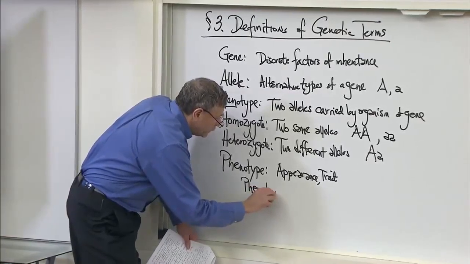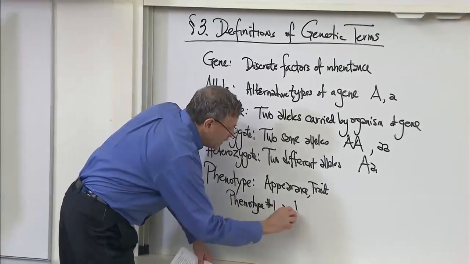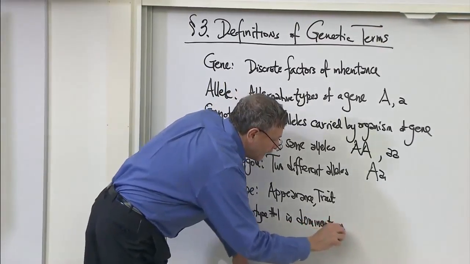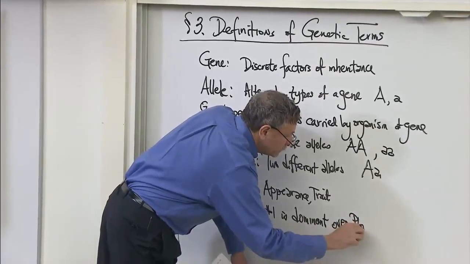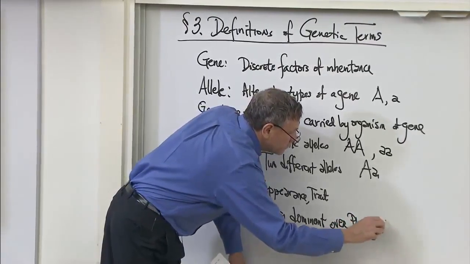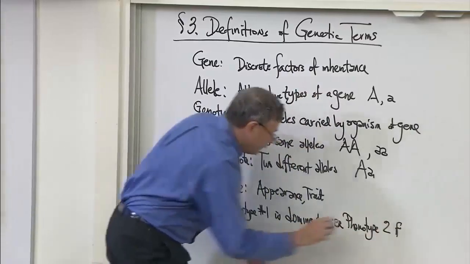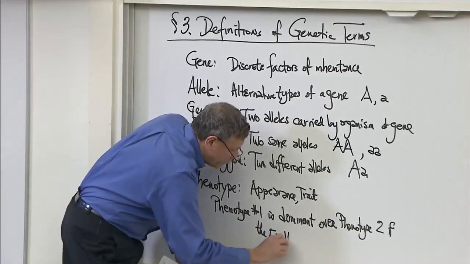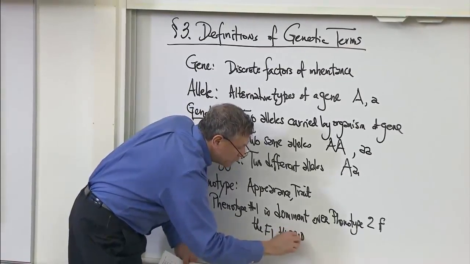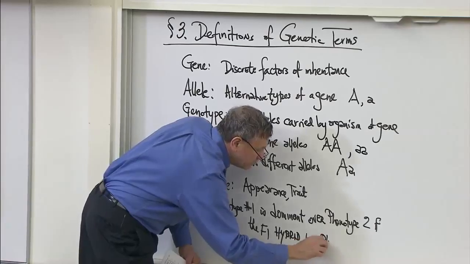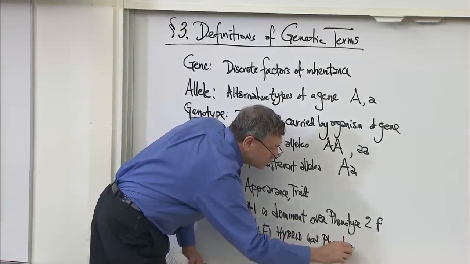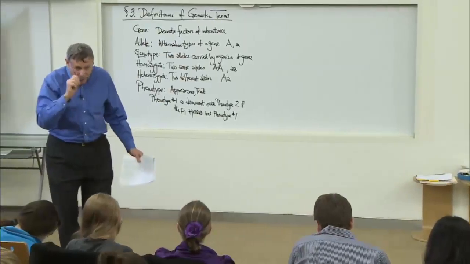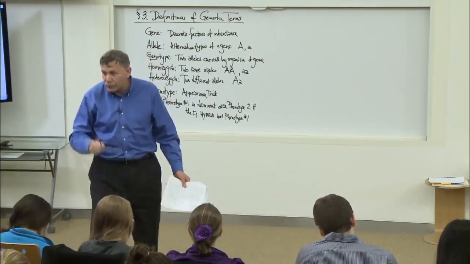Phenotype number 1 is dominant over phenotype 2 if the F1 hybrid between the 2 has phenotype number 1. That is, round is dominant over wrinkled if the F1 hybrid is round.